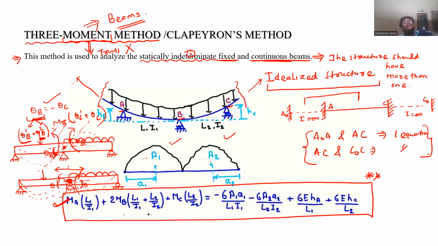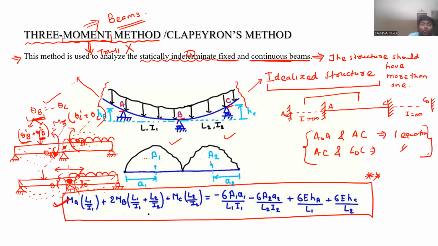So if a support settles, then those rotations which are coming might be affected, reduced or increased depending upon which support is getting settled with respect to the neighboring supports. So there will be some relaxation in this rotation due to unit movement and external load, or there might be an increment also. But that we don't know.